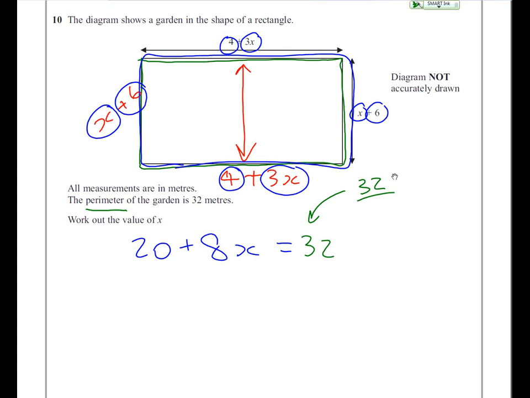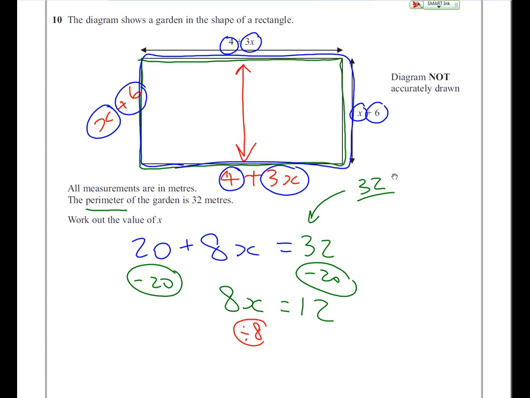Now you've got an equation to solve. Take away 20. Do the same to both sides. 8x equals 12. Now, people might panic here because they think, I can't do 8 divided by 12. Well, when you do the divide by 8, instead of using the divide sign, just do a little cheat and use that divide sign, which makes it into a fraction.